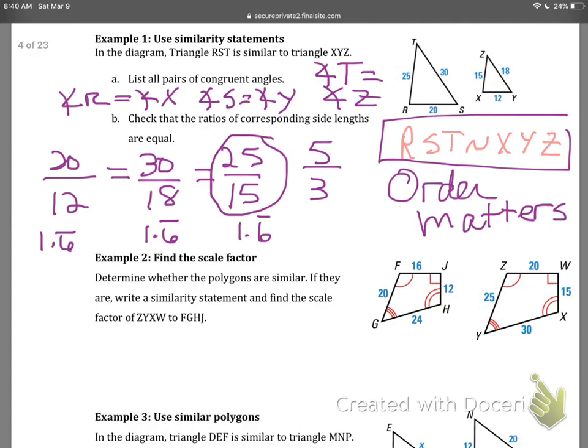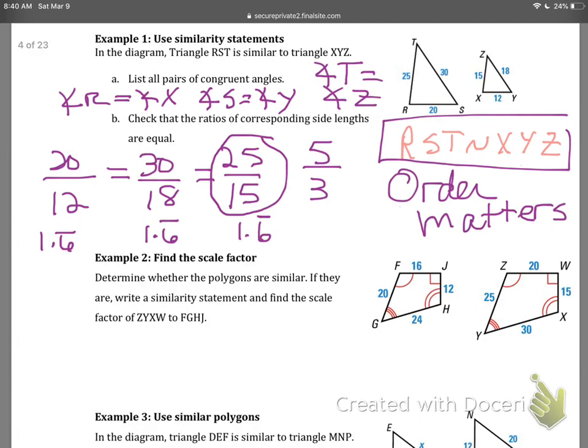It says, determine whether the polygons are similar, and if they are, write a similarity statement and find the scale factors of the two shapes. Okay, so looking at that, look at your angles. F equals Z, J equals W, X equals H, and Y equals G. So yes, those are similar because the angles are all congruent.